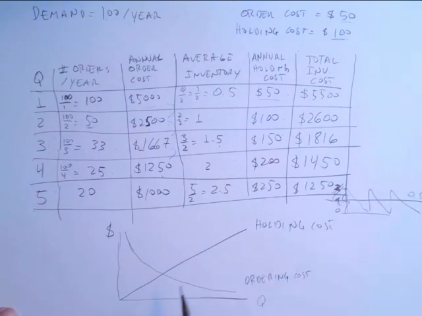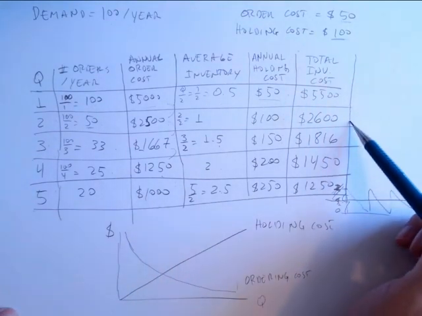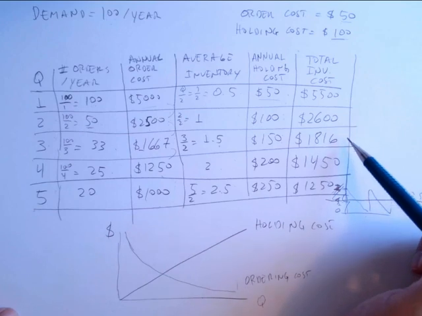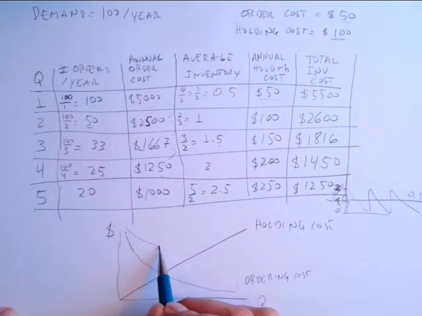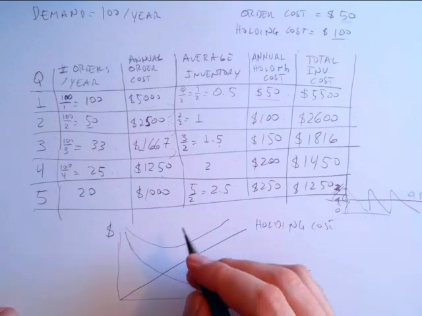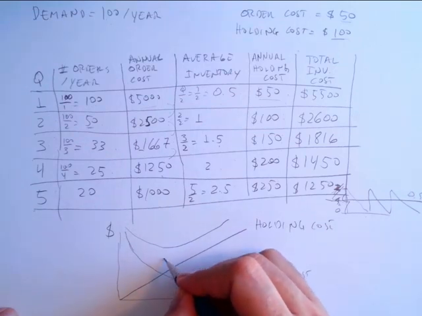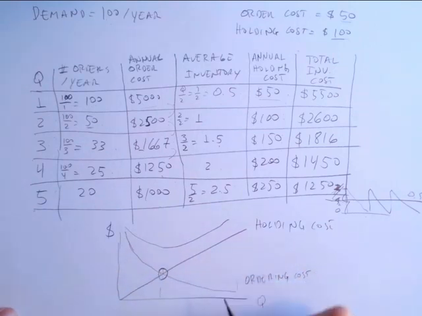Okay, and what I want to know is when the sum of these two is going to be the lowest. So I can see at the beginning, increasing seems to be a good idea because the total cost is going down, right? So what happens if I sum those is actually a curve that will look like this. Okay, so this point is exactly where these two meet.